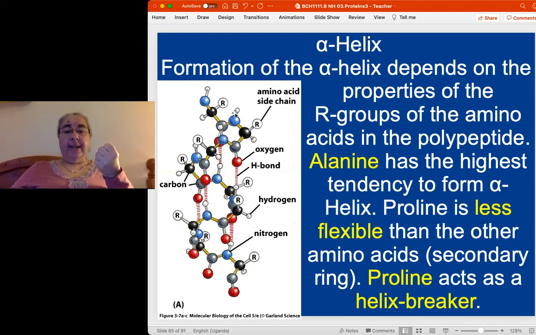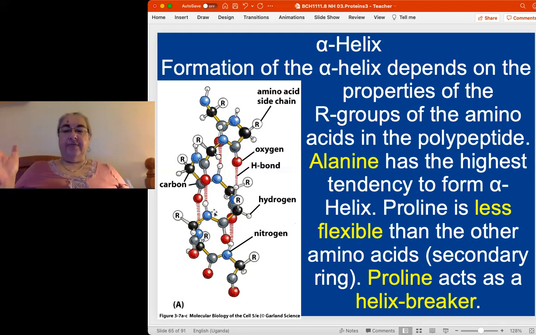This helix will very easily form. Other R groups become less likely to form a helix. So if we have quite a lot of alanines, but several of other amino acids, for instance, in a chain, it may or may not form a regular alpha helix.